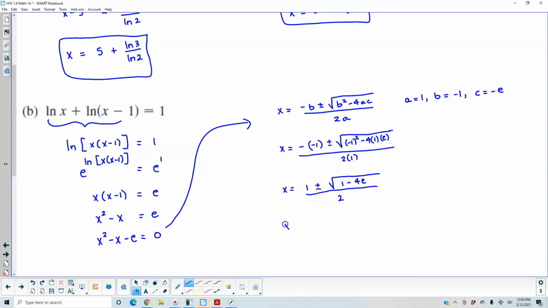And so let's make this solution look a little nicer here. We can factor out the 1/2. And then what's left is 1 plus or minus the square root of 1 plus 4e.